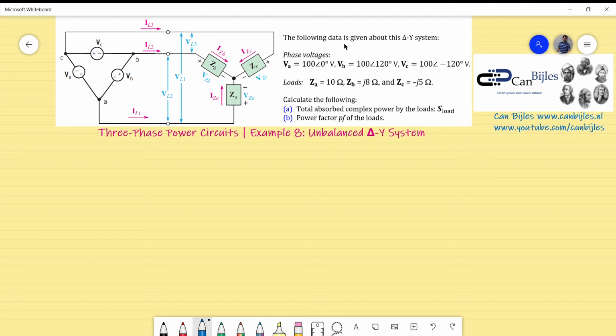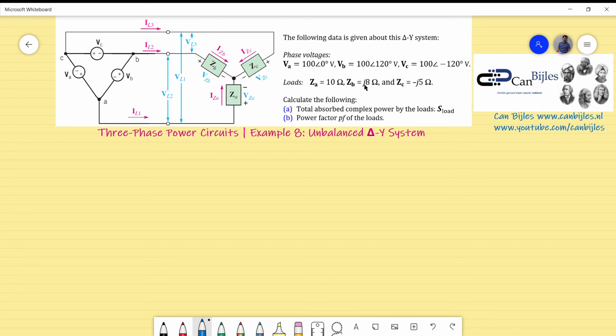The following data is given about this delta-Y system. The phase voltages VA, VB and VC, as shown here, have an amplitude of 100 volts each, and the phases are 0 degrees, 120 degrees, and minus 120 degrees. So that's actually the sequence for the phases for this circuit. And we have loads ZA, ZB, and ZC: ZA is 10 ohms, just resistive.